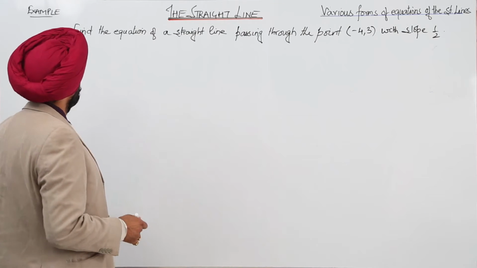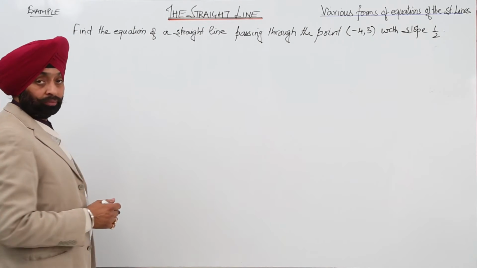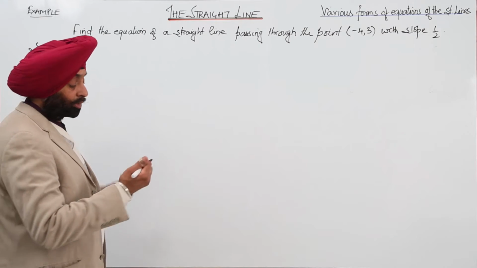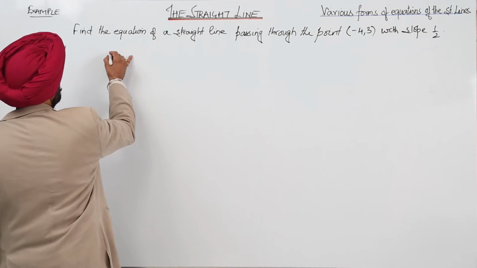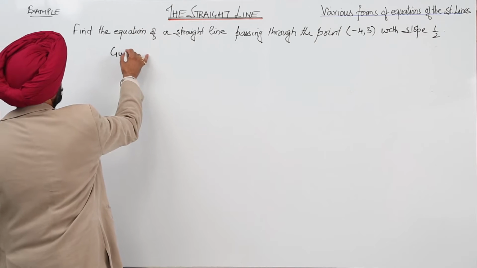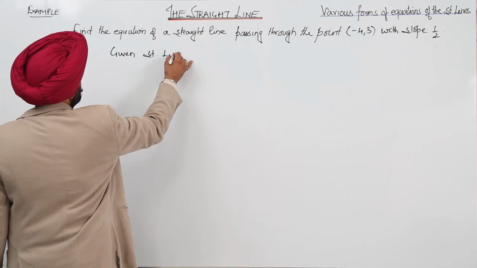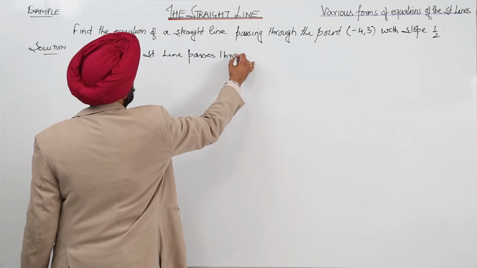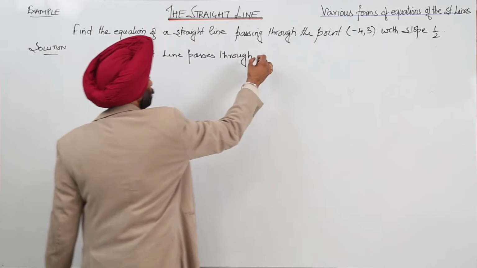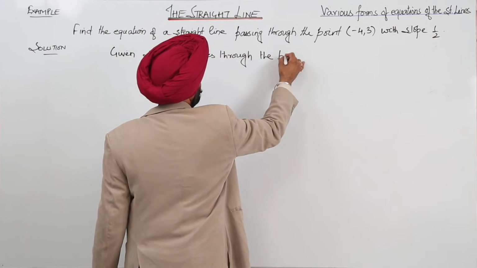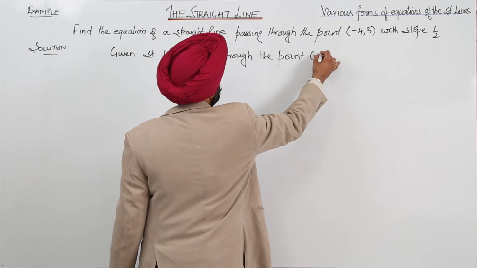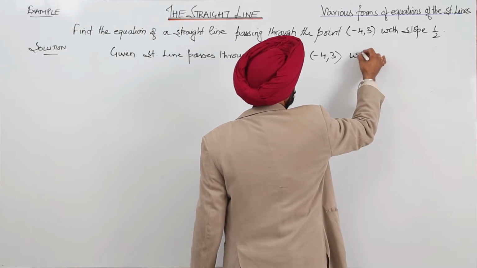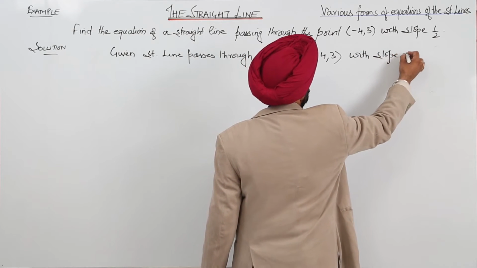Now, for example, we have to find the equation of a straight line passing through the point (-4, 3) with slope 1 by 2. The given straight line passes through the point (-4, 3) with slope 1 by 2.